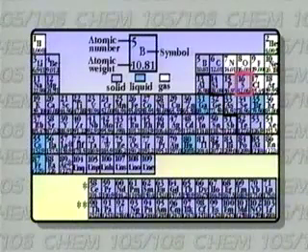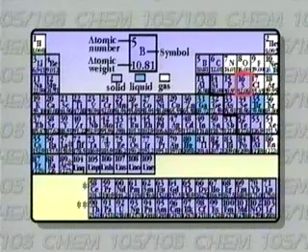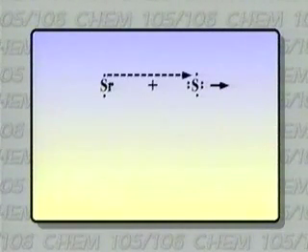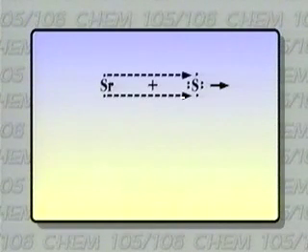How do strontium and sulfur get together? Well, if strontium were to give up an electron to the sulfur and give up another one to the sulfur, since sulfur has only 6, it can take on 2 more.